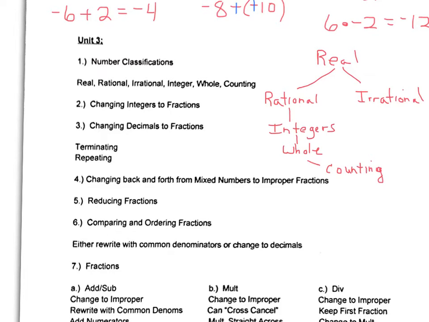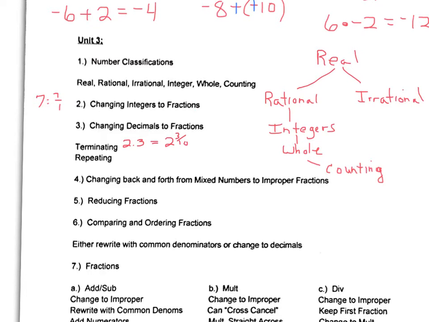We then talked about changing integers to fractions. Any integer, like, for example, 7, you can write it as a fraction, 7 over 1. Decimals to fractions, if they terminate, for example, 2.3, that can be written as 2 3/10. You just look at the place value.